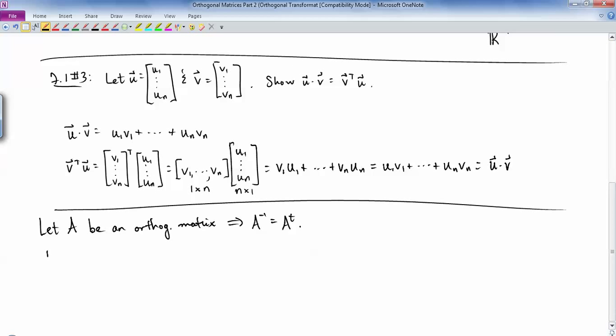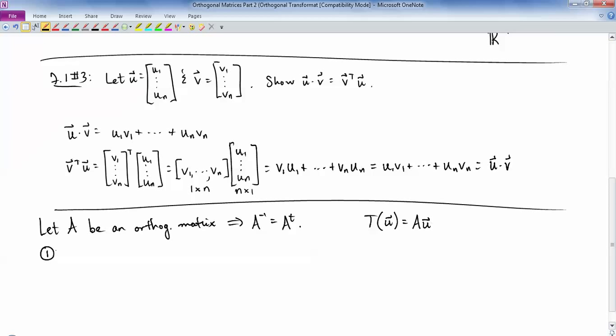notice this. So here, let's redefine the transformation. If I plug in U into my transformation, that's the same thing as just multiplying by A, okay?